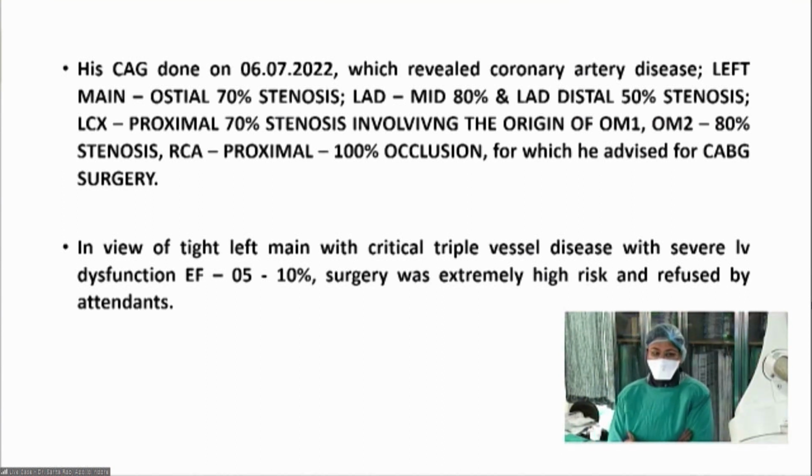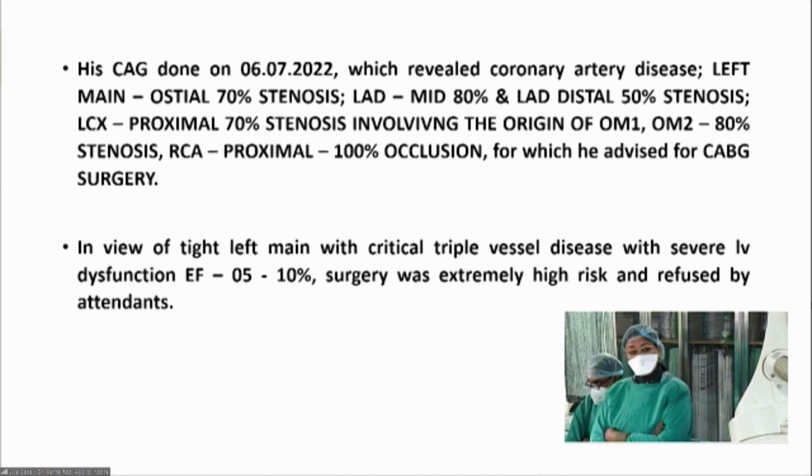He was advised bypass surgery. In view of his tight left main with critical triple vessel disease and severe LV dysfunction, we confirmed his ejection fraction at our center. It was to the tune of 5 to 10%. The surgery was extremely high risk, and it was refused by the attendants and prognosticated against by the cardiac surgeon as well.